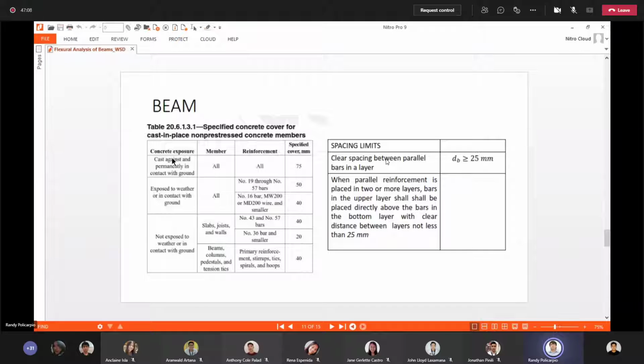So kapag yung concrete mo is cast against and permanently in contact with the ground, kailangan ang concrete cover mo ay 75 millimeter. Pag concrete cover ka natin, we are referring to what? Ito yung cover ng reinforcement, no? Para hindi siya directly exposed sa ground.